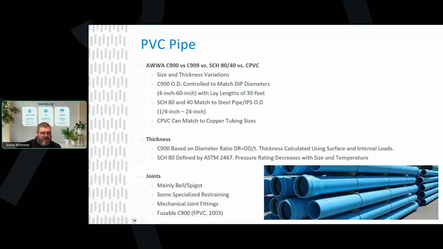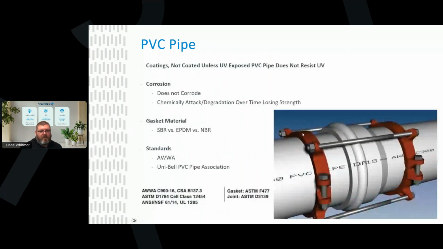I don't know if it's opened up or the patents expired on it and other people are doing it, but fusible C900 PVC, if you're looking for a completely closed system, is typically used in a jack and bore or slip lining type approach. So here's a picture of one of those external restraining harnesses for the joints.